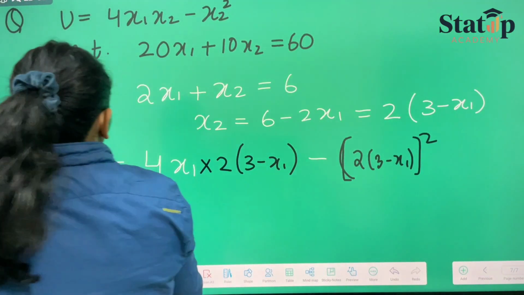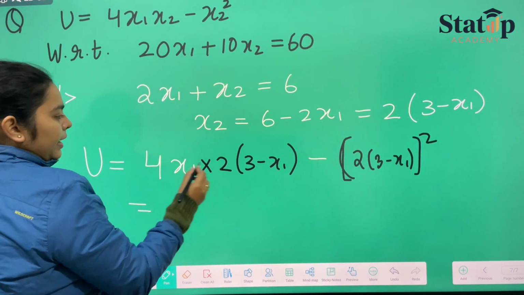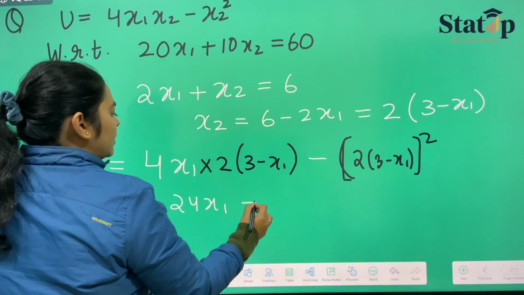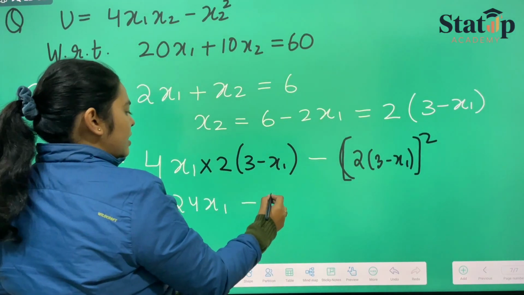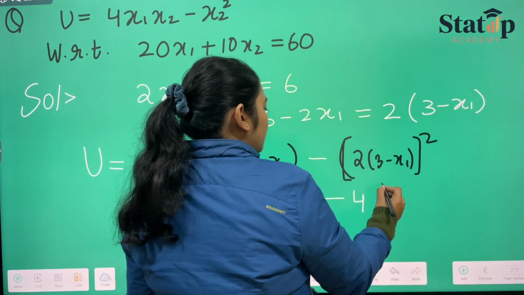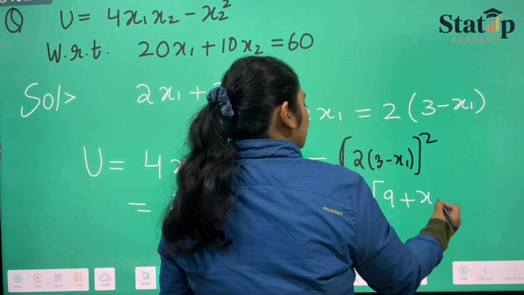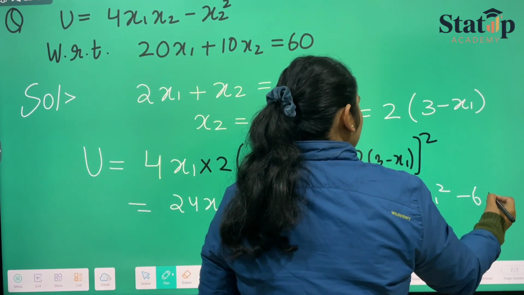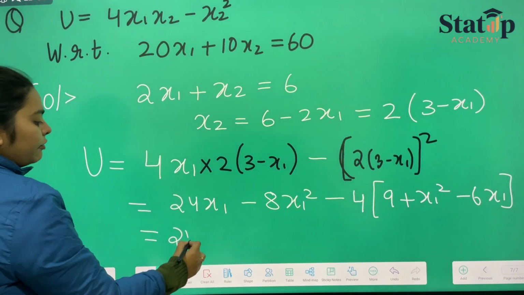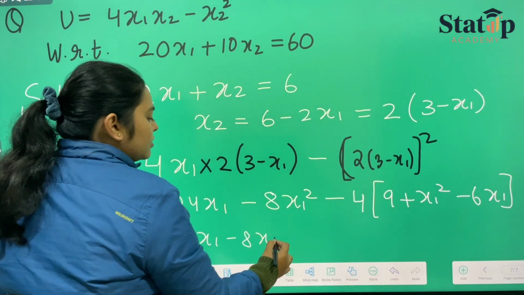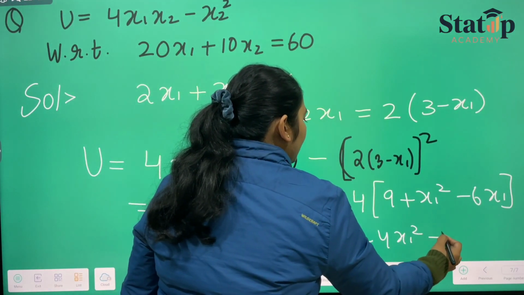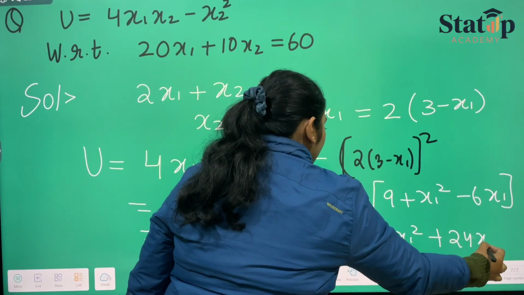If we solve this, we will get 8 3s are 24x1 minus 4 2s are 8, 8x1 square, and here we will get minus 4 times 9 plus x1 square minus 6x1. On solving it further, 24x1 minus 8x1 square minus 36 minus 4x1 square plus 4 6s are 24x1.